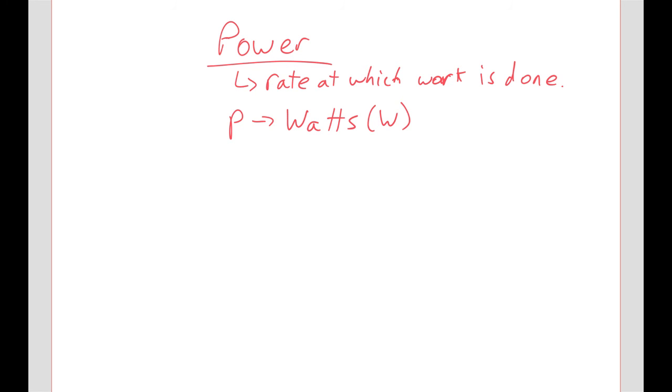So it's all related, even in electrical terms. Our general equation: power is the change in potential energy divided by time. If you recall from previous chapters, that is work divided by time.